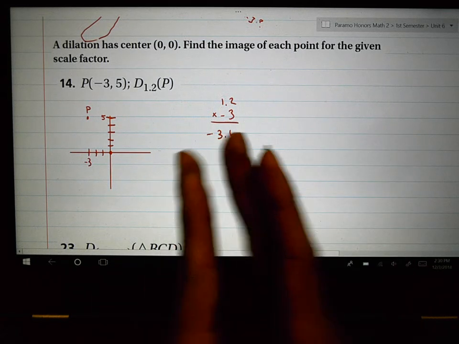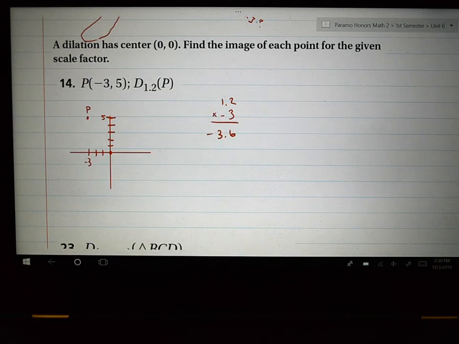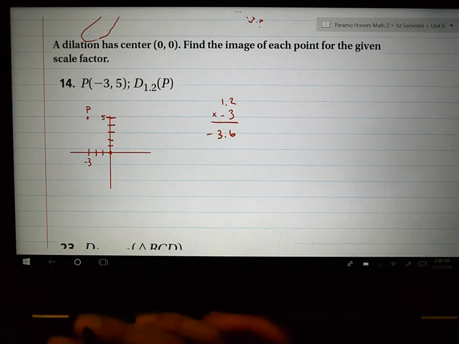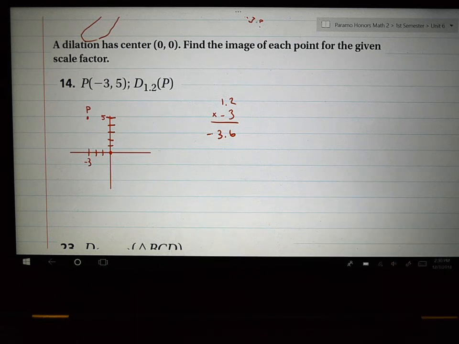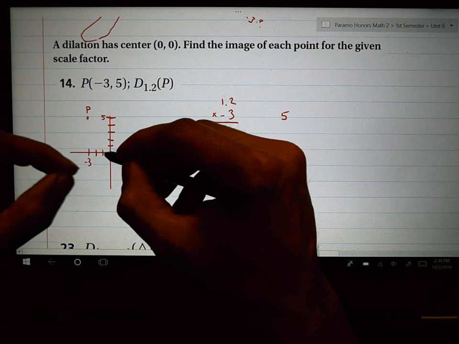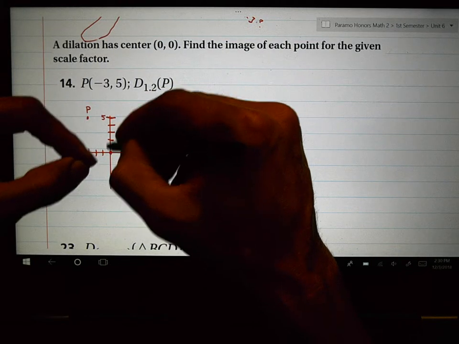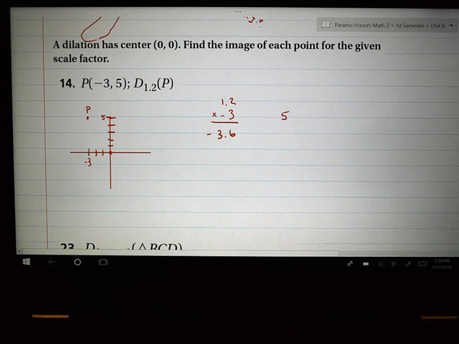My new horizontal component, my new X, would be negative 3.6, because 3.6 is 1.2 times the amount of negative 3. And the number 5, since 5 is the vertical component, we went up 5 units, and I wanted to go 1.2 times bigger than that.